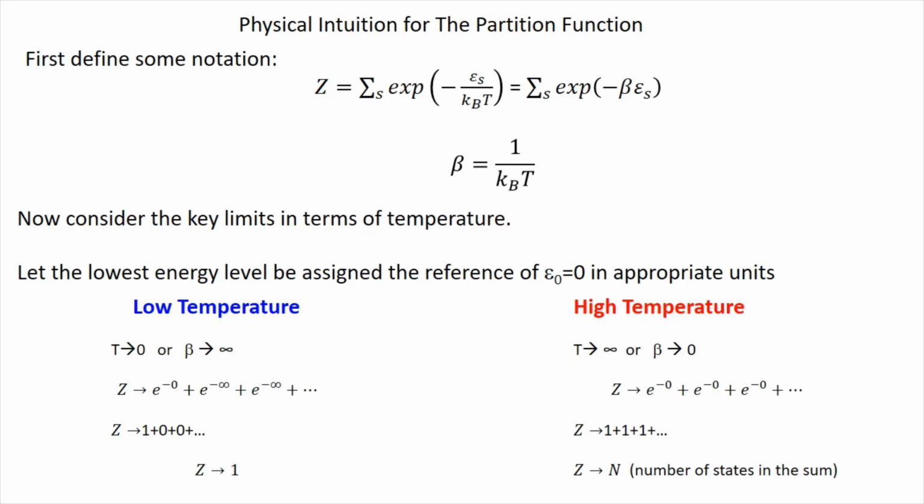Yeah. So this might be infinity. You might have to include an infinite number of states in the sum. In practice, that's not really relevant to think about. But this is basically our intuition. At low temperature, only one state is relevant, and that's the ground state with E sub 0 equals 0. By contrast, at high temperature, all the states are equally relevant. They're equally weighted inside the Boltzmann sum.